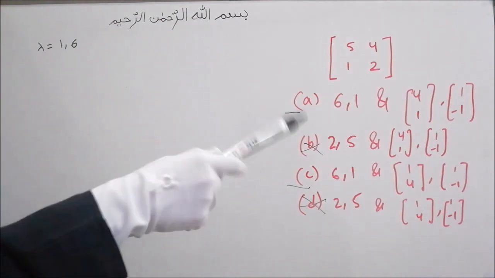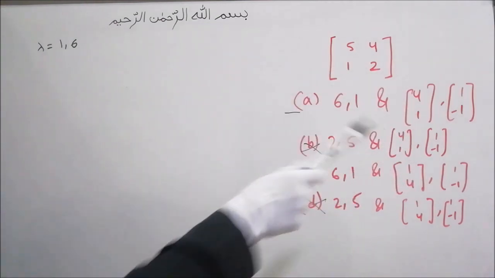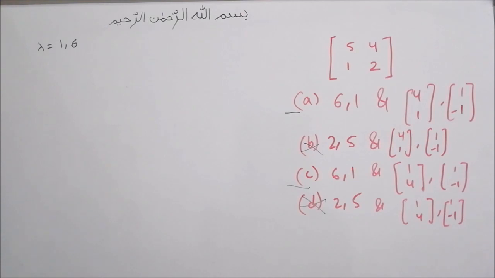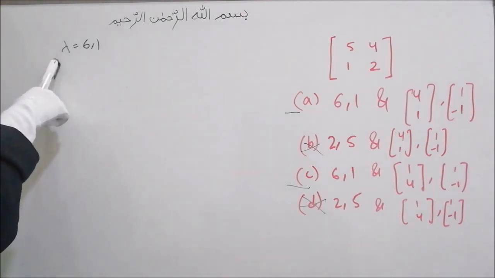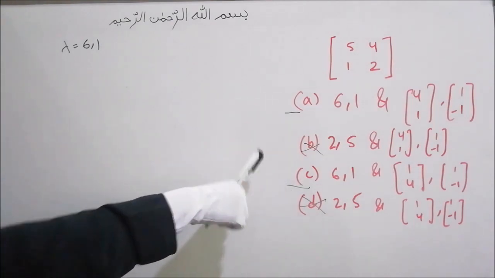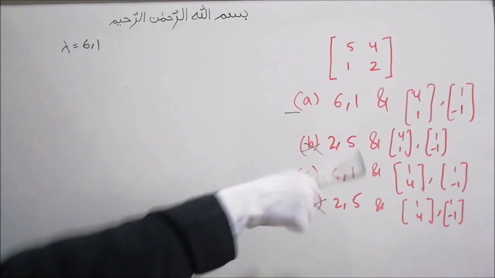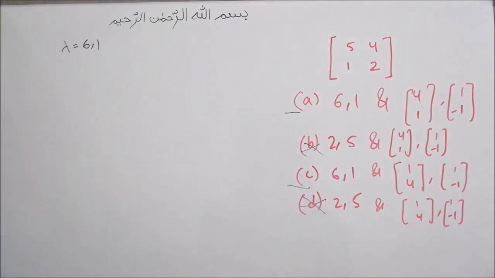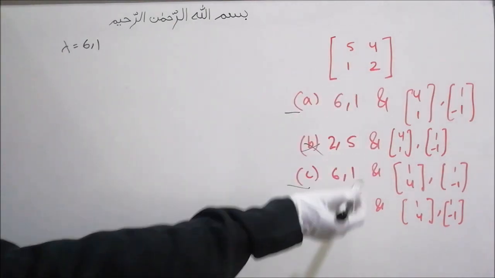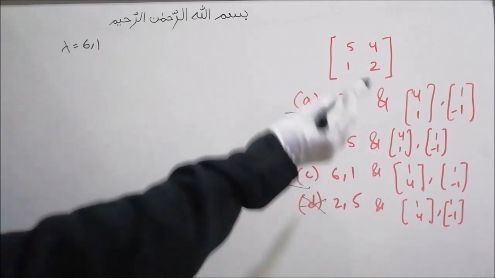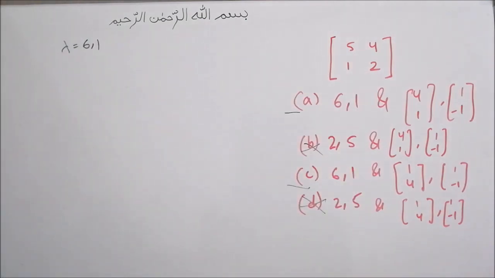The other eigenvector, (1, minus 1), is the same. So we only have to check whether our eigenvector is (4, 1) or (1, 4), because the other eigenvector is the same for both options A and C.